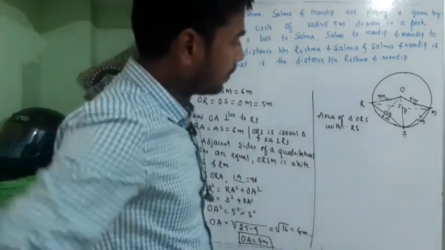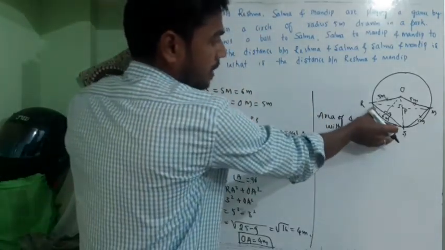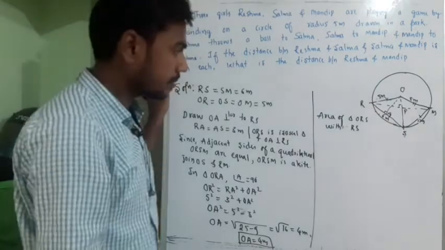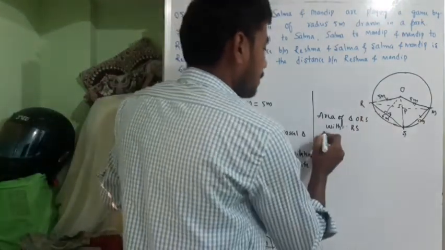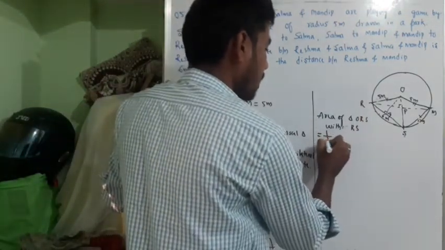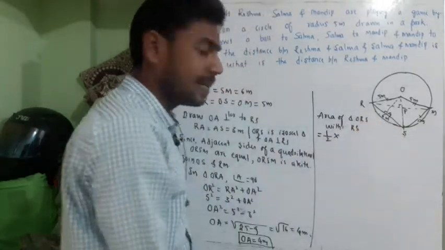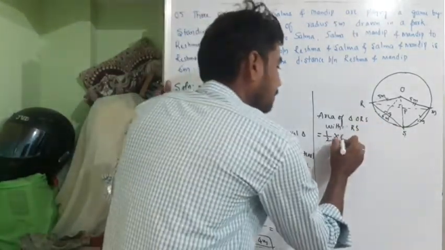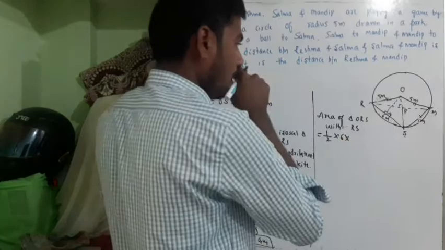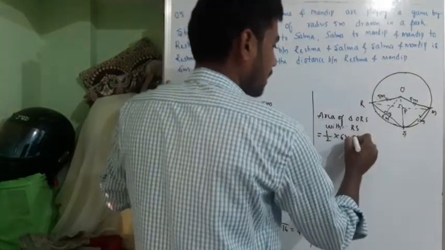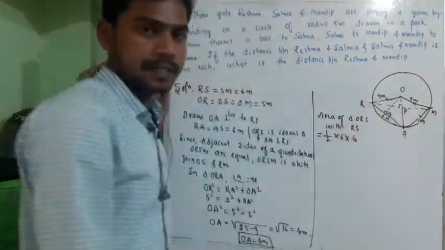Here in this case, base is RS. So it is equal to half into what is base? Base is RS. RS is 6 meter. And height is OA, that is 4 meter. I'll keep this as it is.